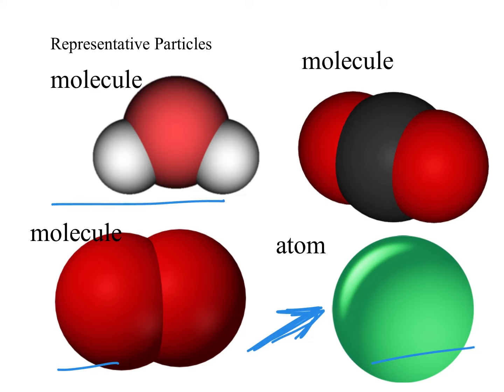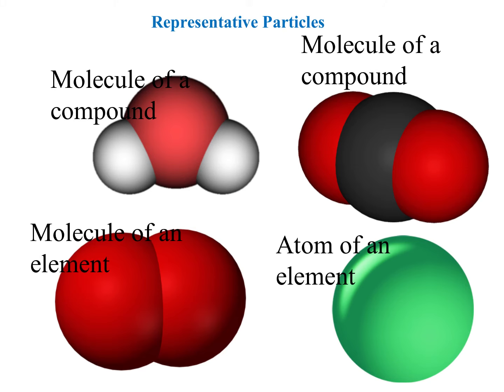And then here we have our compounds, because we have 2 different kinds of atoms bonded together into a molecule. So we have 2 compounds and 2 elements, okay? The top 2, where we're looking at molecules of compounds. The bottom left is a diatomic element. The bottom right is a regular element. It's not diatomic. Particle models are really important. We're going to be using those a lot.